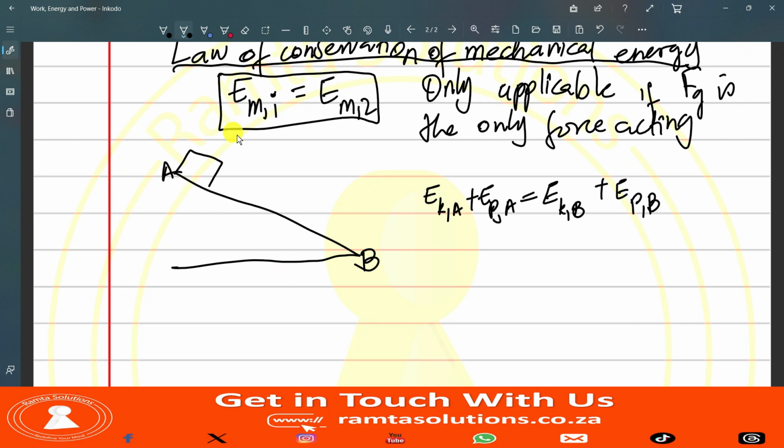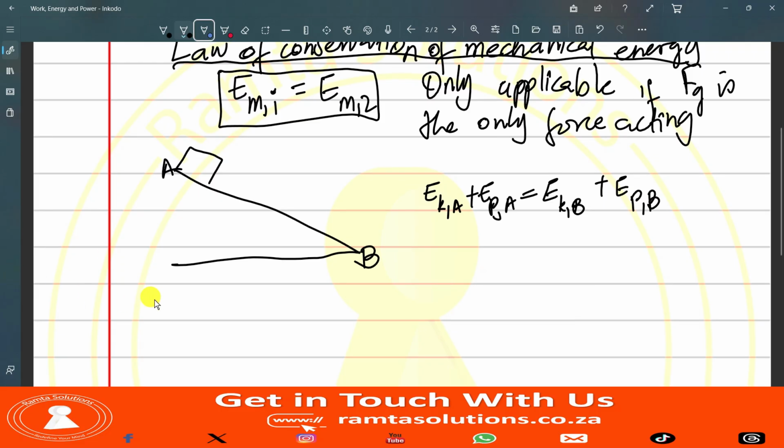Perfect. Now we're going to look at, I believe this is the third aspect, the work done. For the work done, it's important to know that the formulas are given.